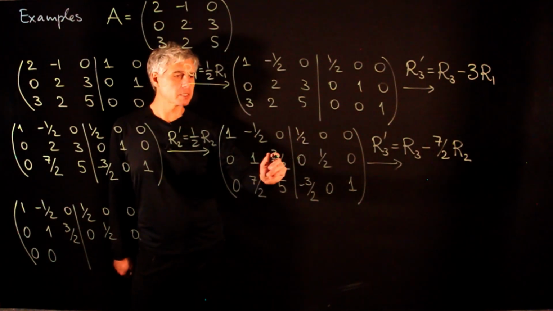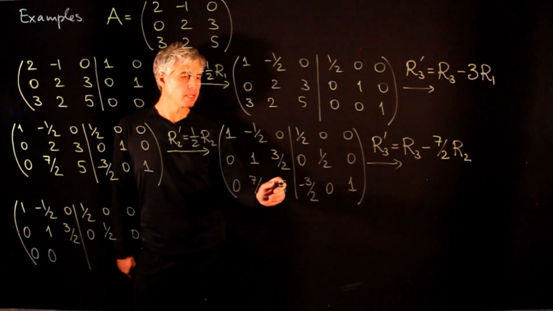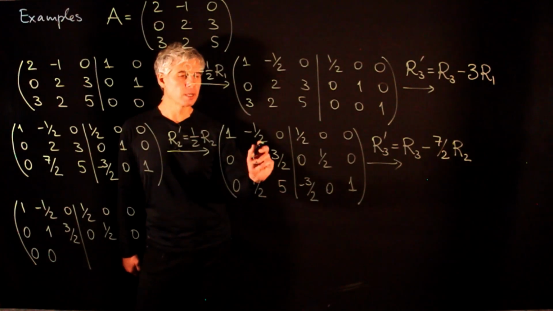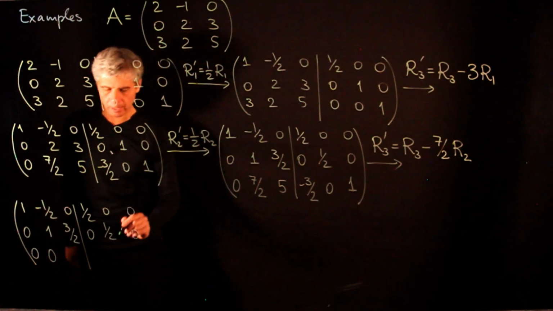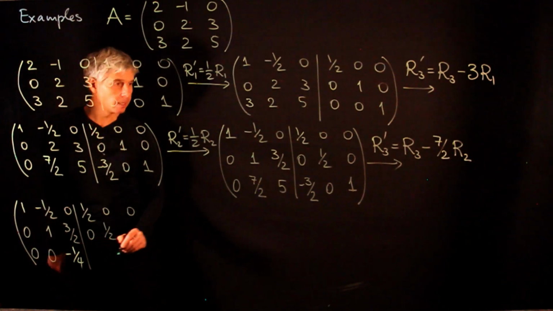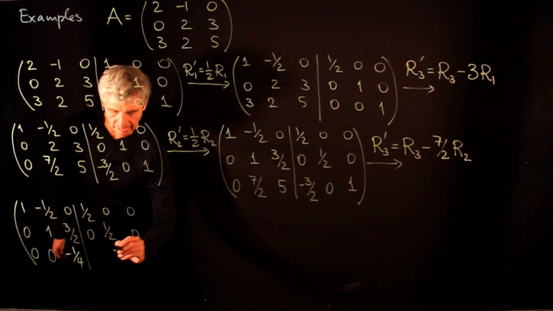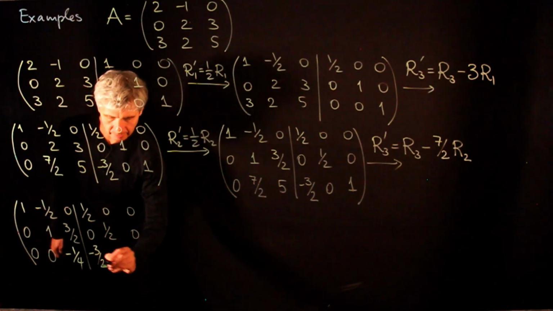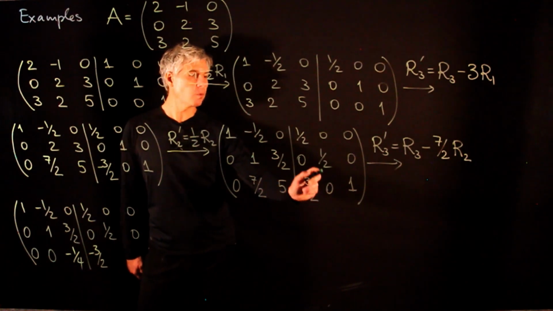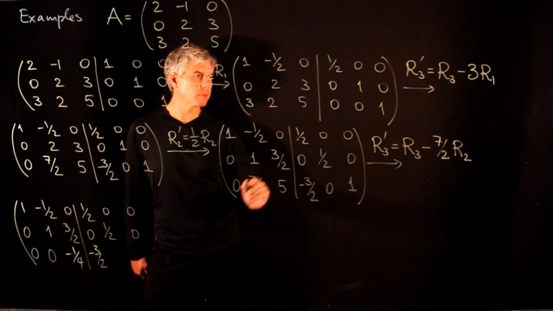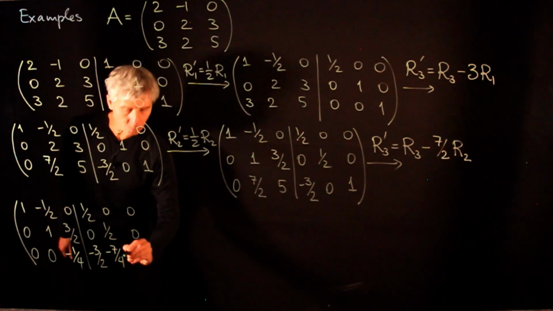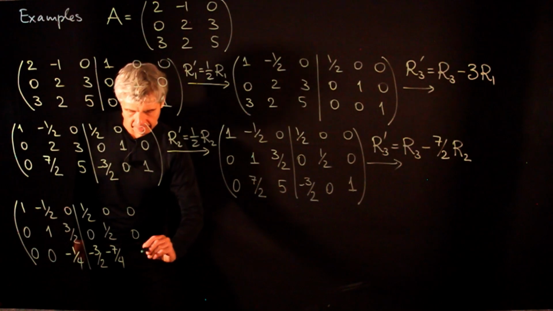So this product is 21 quarters, and 5 is 20 quarters. So we have 20 over 4 minus 21 over 4. So we get -1/4. And so here we get -3 halves. And so we have 0 minus 7 halves times 1/2. So this is -7 over 4 and 1 here.